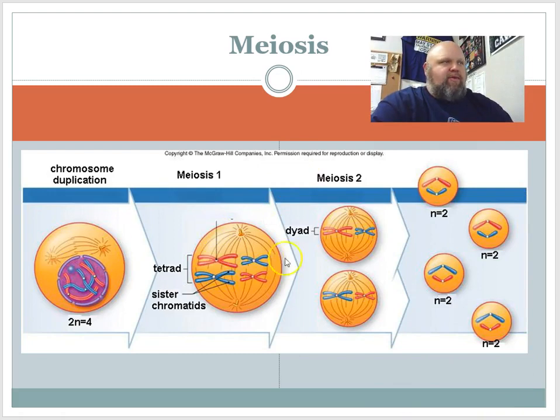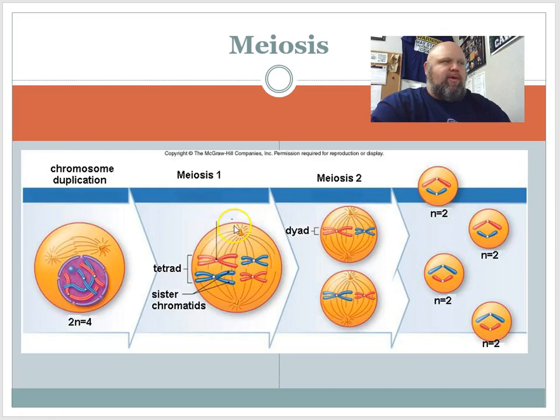We have our normal thing that happens during mitosis. You've got spindle fibers forming, the nucleus breaks down, centrioles move to opposite ends, spindle fibers attach. Now these chromosomes, instead of all lining up straight, line up in pairs. So now you have what's called tetrads.